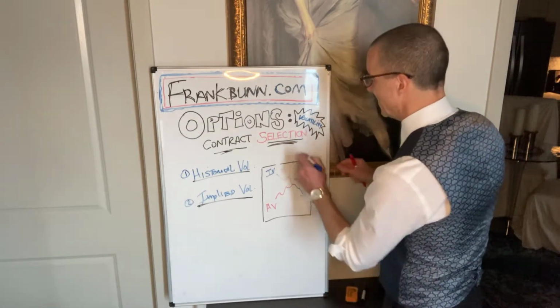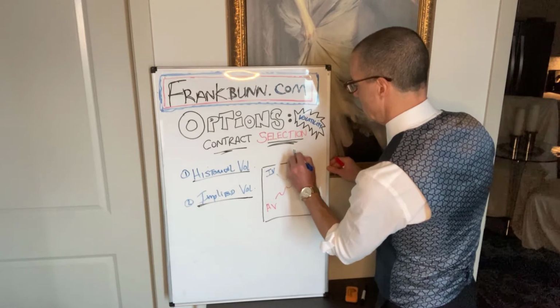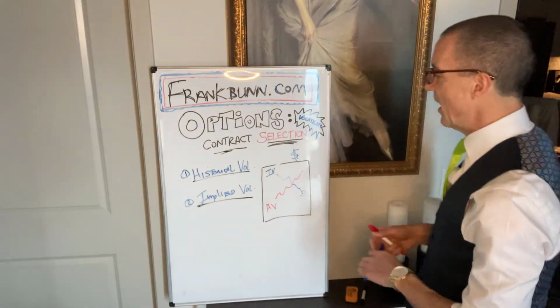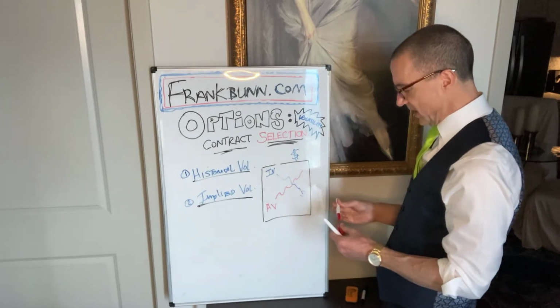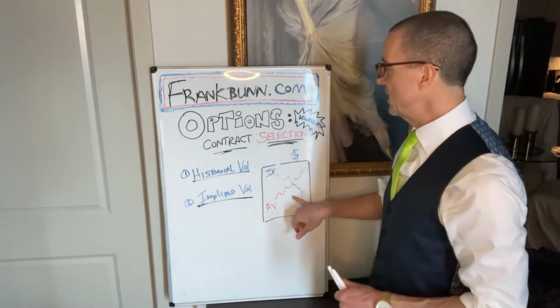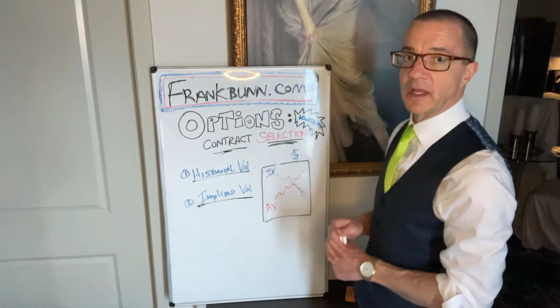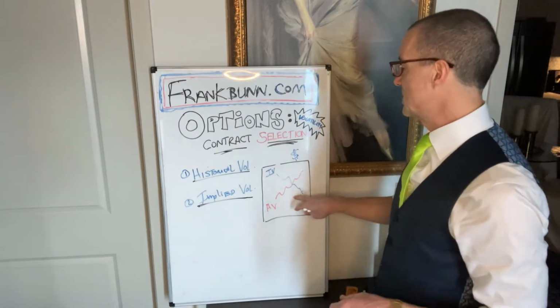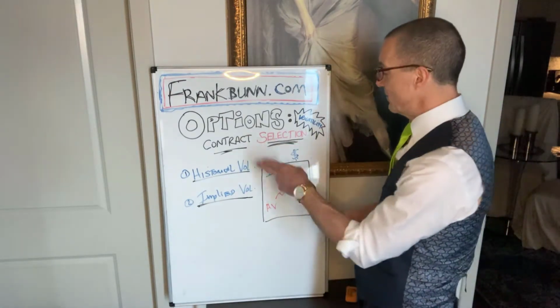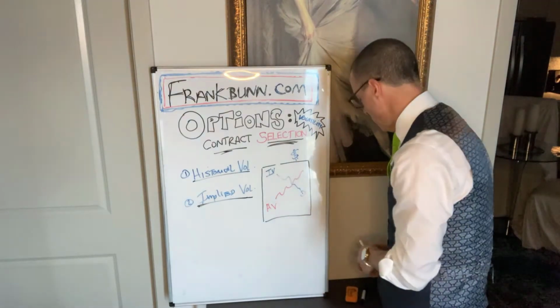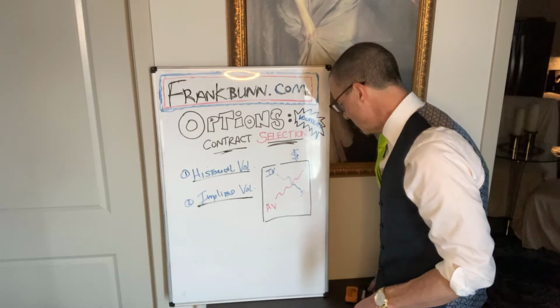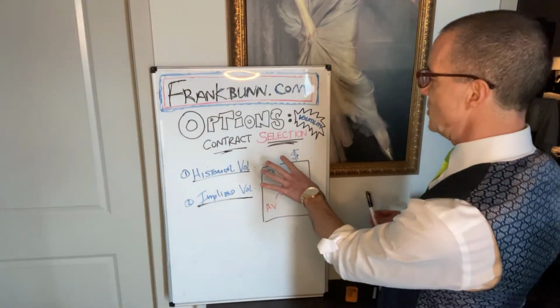Therefore, it will be less expensive. So that's how you want to use historical versus implied volatility to determine if the option that you're buying or selling is expensive or cheap. If you're selling them, then obviously you want to sell expensive options. You want to buy cheap options.